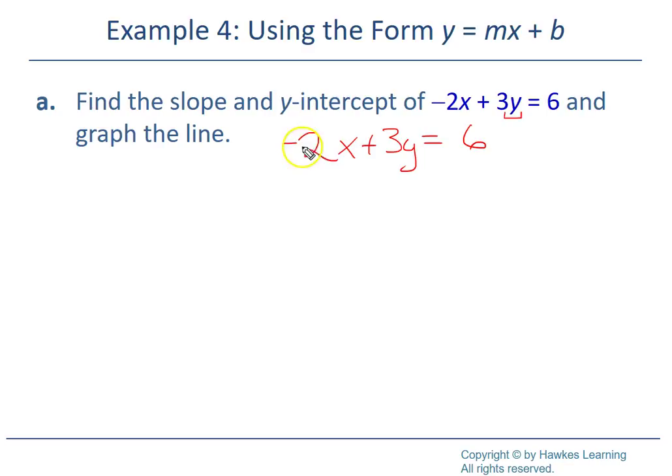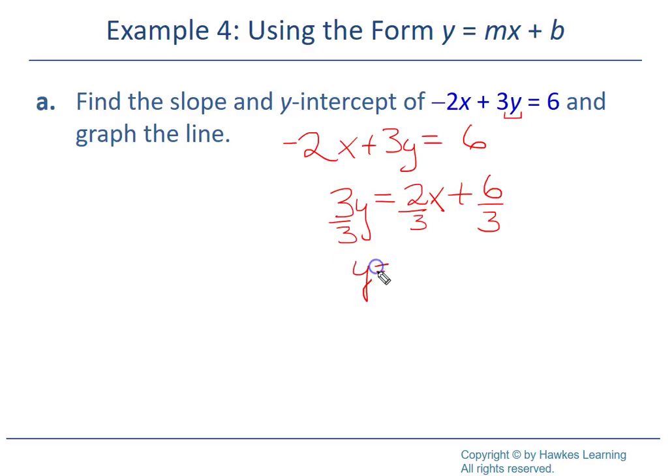We're going to transpose the 2x to the other side, negative 2x. So we get 3y equals negative 2x, on the other side, just change the sign, plus 6. Now, to get the y by itself, we just divide everything by 3.